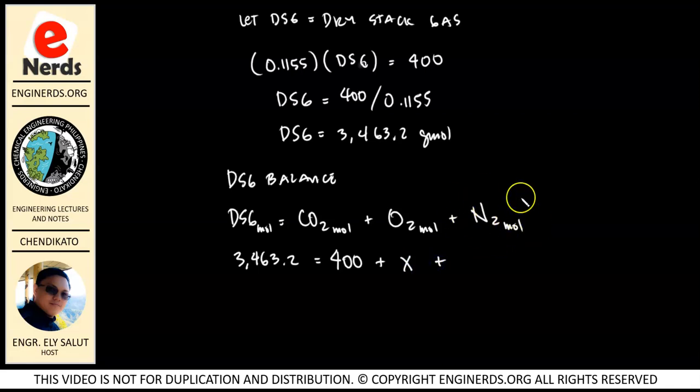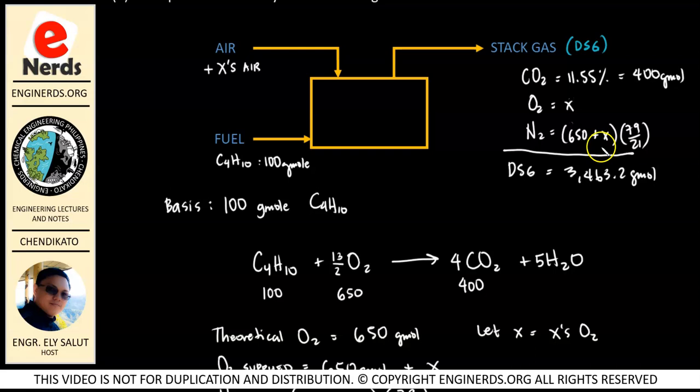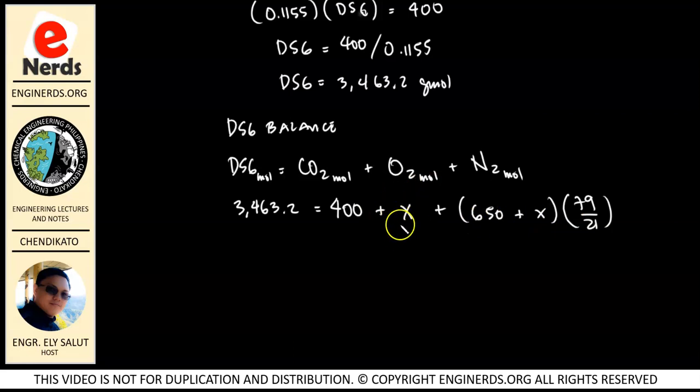Plus our N2 in our stack gas, which is equal to 650 plus X times 79 over 21. Okay, so as you can see, we only have one variable here, which is X, and this is our excess O2.